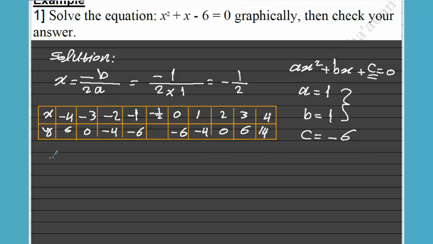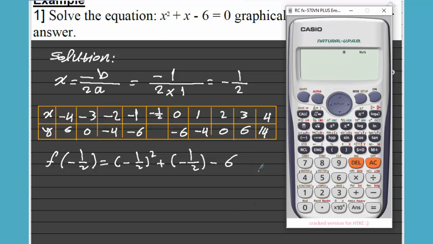So we calculate f of negative half, which equals negative half to the power 2, plus negative half, minus 6. Again we use the calculator to write the function, x power 2 plus x minus 6.